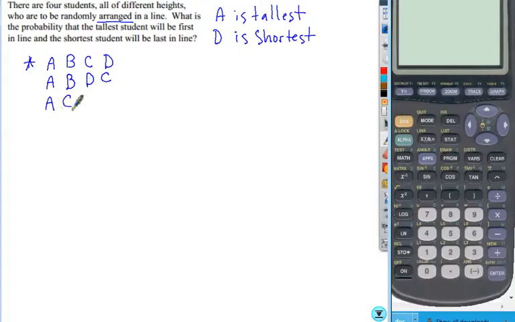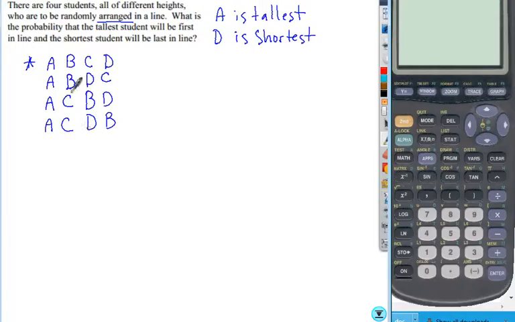So let's try C in the second position. I like to keep my letters going in order, so then I'd have ACBD, or ACDB. All I'm doing is switching the last 2 in each case.